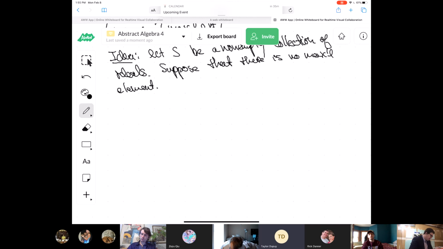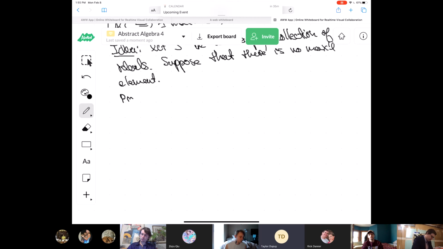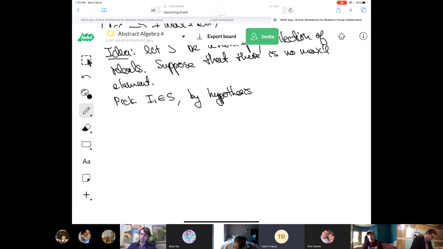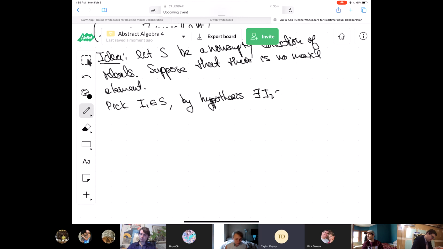Okay. So then what we'll do is you pick I1, an element of S, right? And by hypothesis, there exists some I2 in S with I2 containing I1, since I1 is not maximal. That's what it means to be not maximal. It means that there's something else containing it, right?